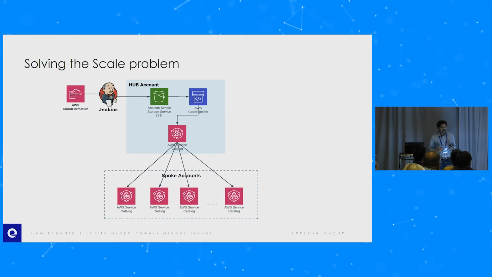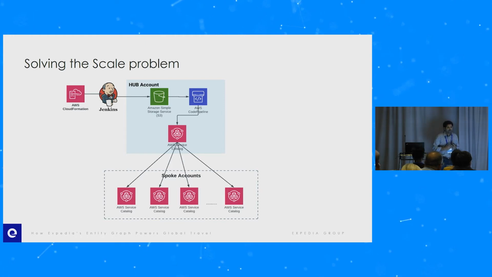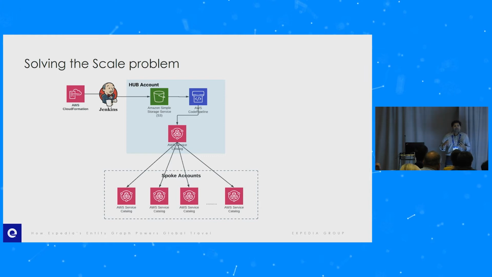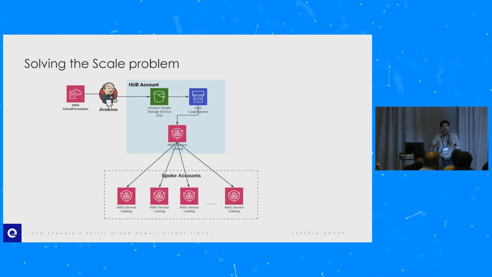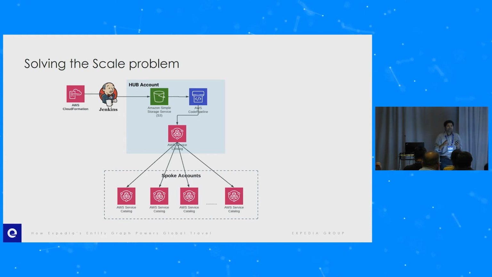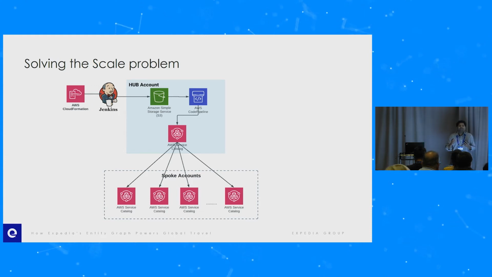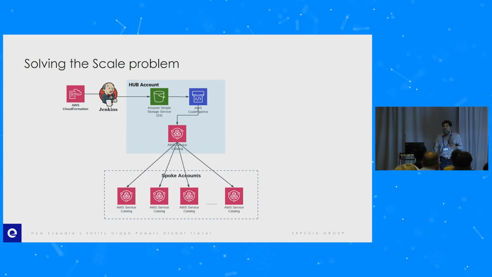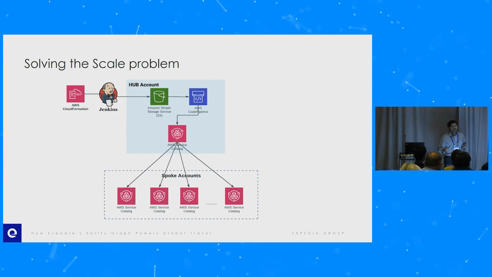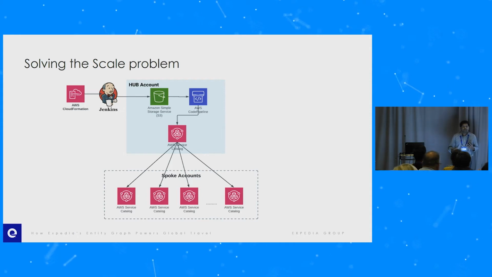It's a nice service provided by AWS, and it works in a hub and spoke model. You can do all your development in the hub. You can create your products. Anything that is CloudFormation, you can wrap and create a product out of it. And you can seamlessly push all these products into all the spoke accounts. Spoke accounts are all these AWS accounts where customers are using.